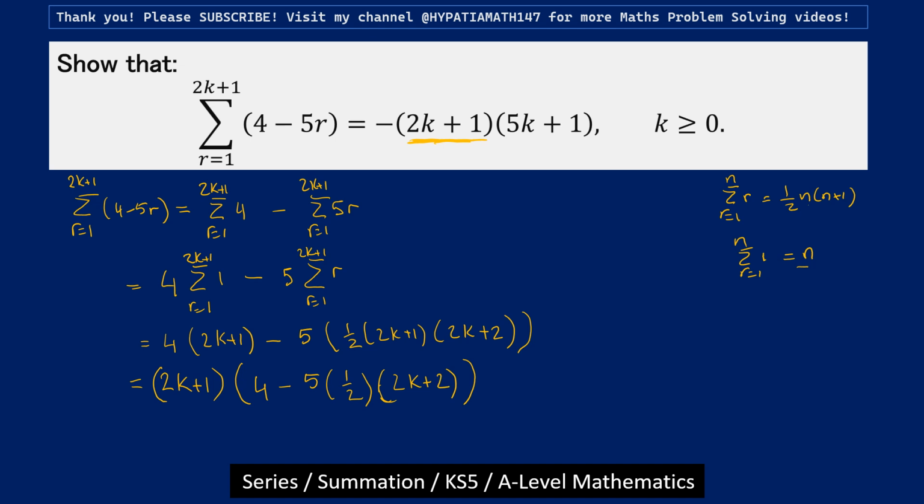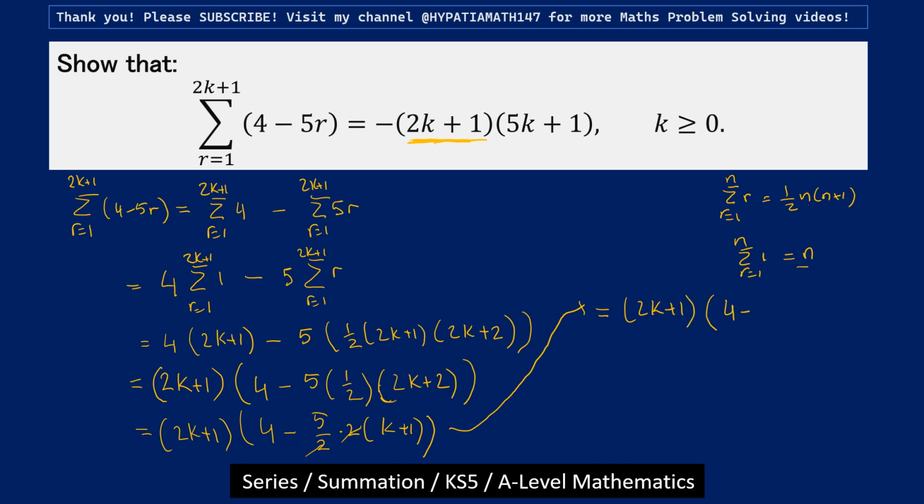So that is equal to 2k plus 1 times 4 minus 5 over 2 times, I can take 2 and k plus 1, so then the 2 and 2 cancel, and that is equal to 2k plus 1 times 4 minus 5k minus 5.